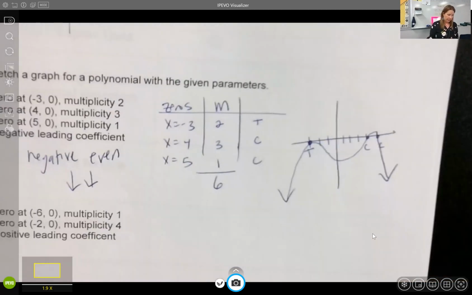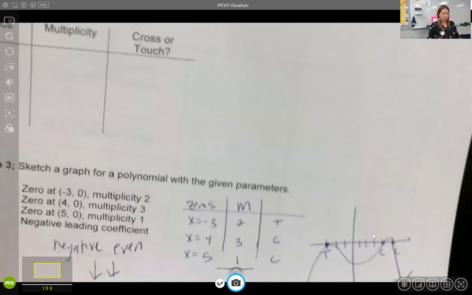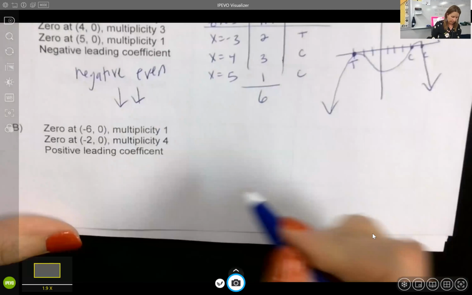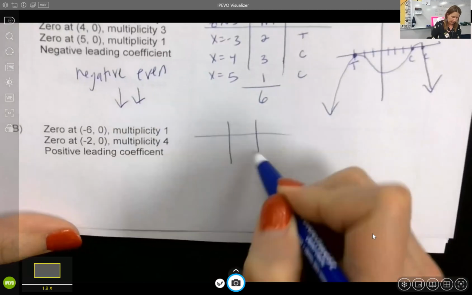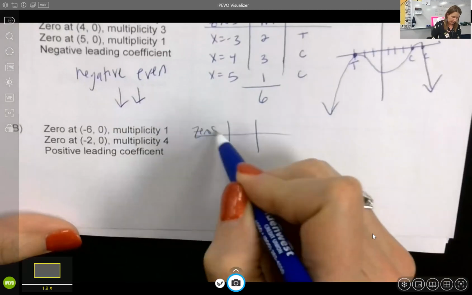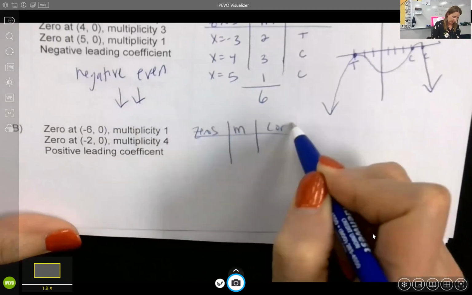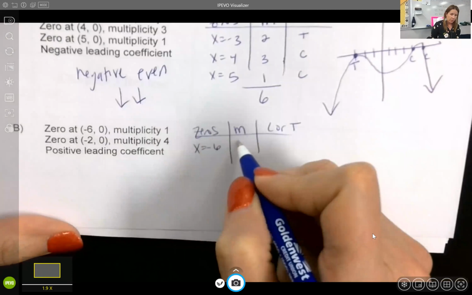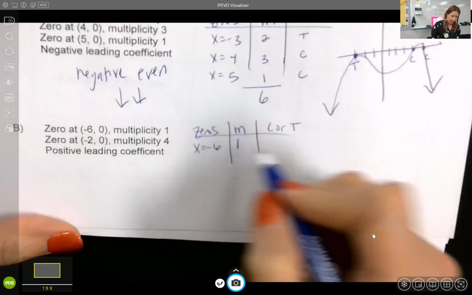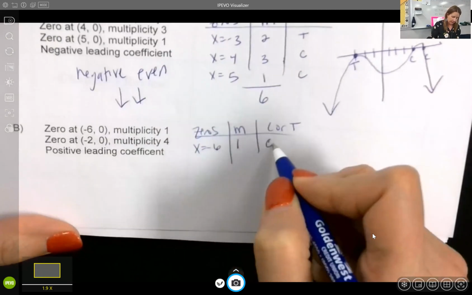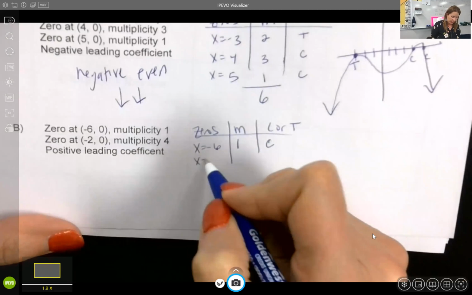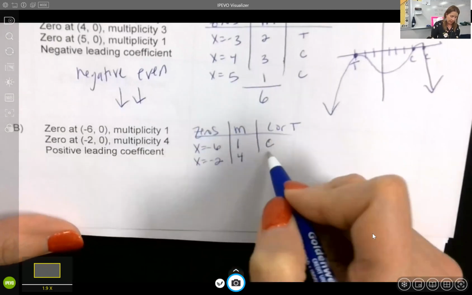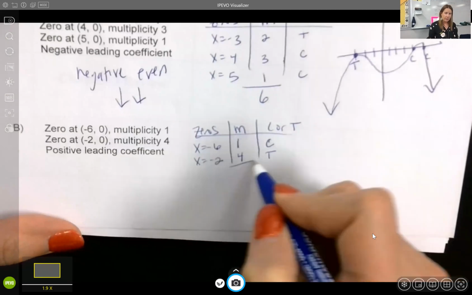Okay. All right, let's do one more, the bottom one. Make your chart. X equals -6, multiplicity of 1. That's an odd number, so it's going to cross. X equals -2, multiplicity of 4. That's an even number, so it's going to touch. The total power is 5.